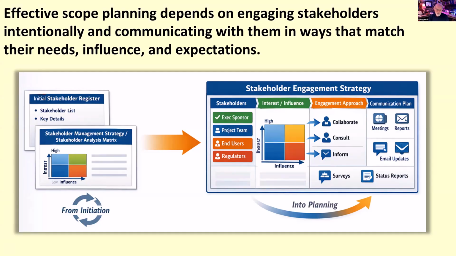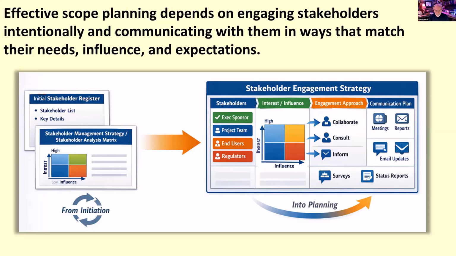The initial stakeholder register gives the project team an early view of who the stakeholders are, while the stakeholder management strategy begins identifying how those stakeholders should be engaged as the project moves forward. Those artifacts are extended, refined, and used to support planning decisions.